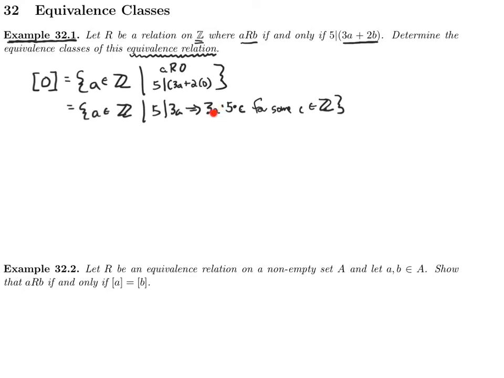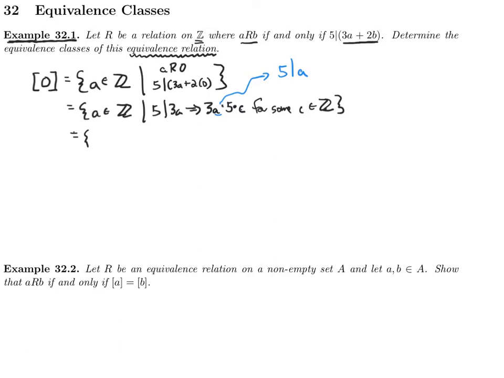So a can be any number that has a factor of 5. So this must be that 5 is a factor of a. 3 doesn't have 5 as a factor, so a must have 5 as a factor.